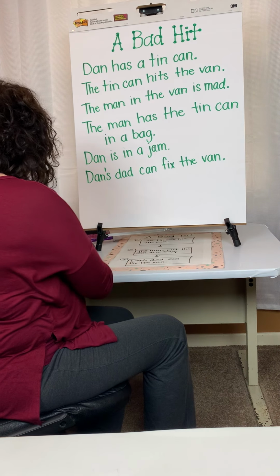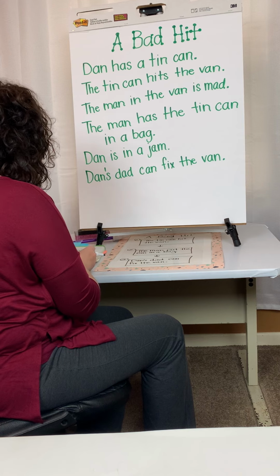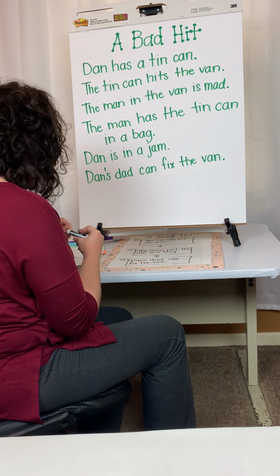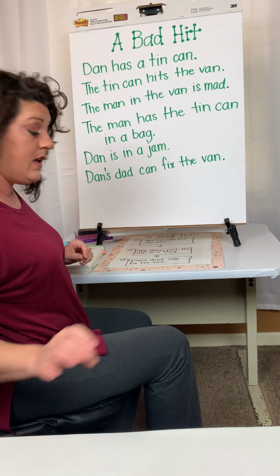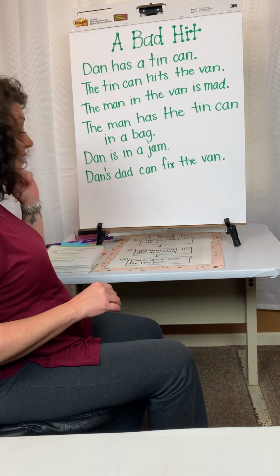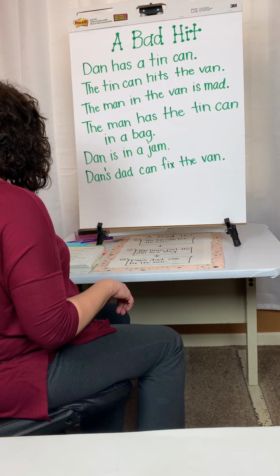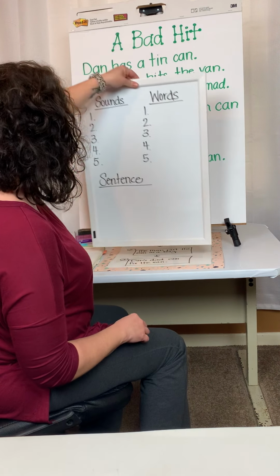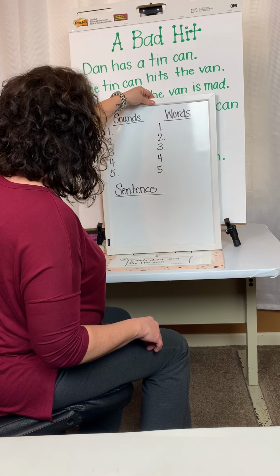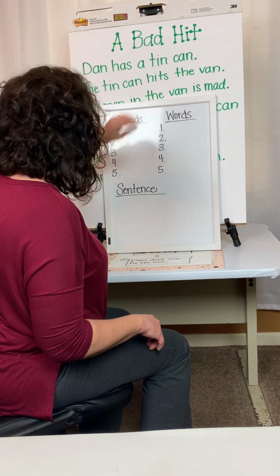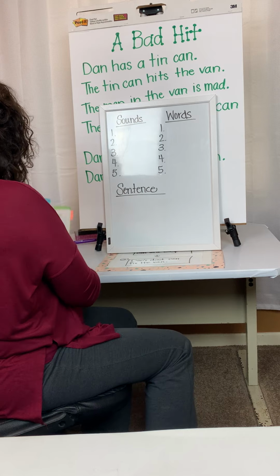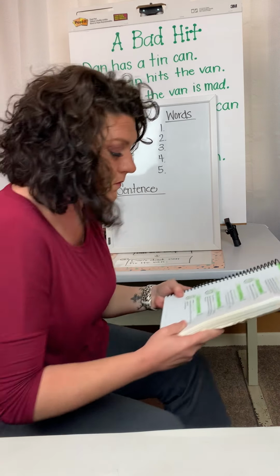All right, so we are going to move on from our graphic organizer into our dictation. And we're going to start with our sounds. I'm going to go ahead and put that board up here. All right, so let's look at sounds first, friends. Here we go.